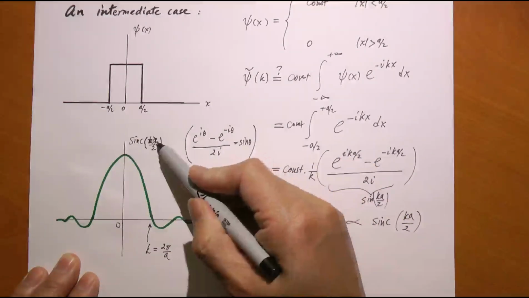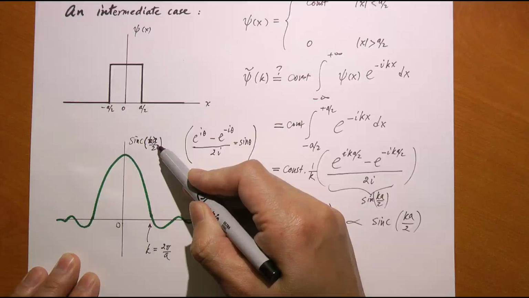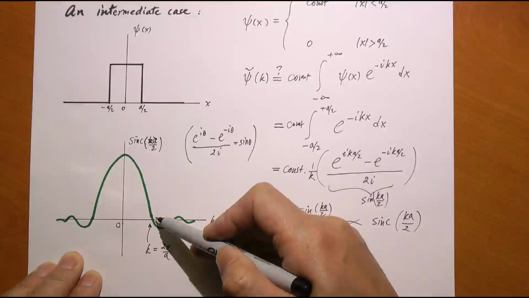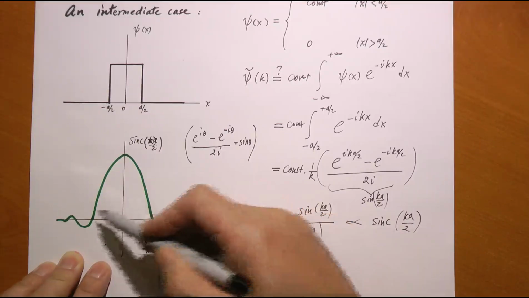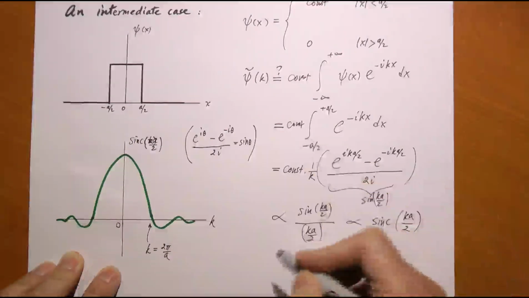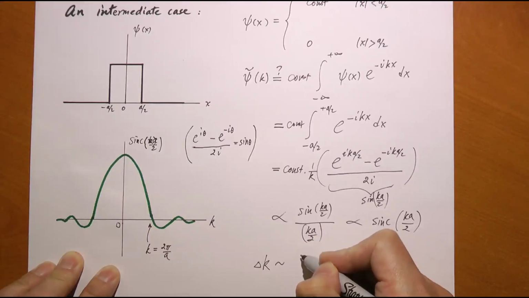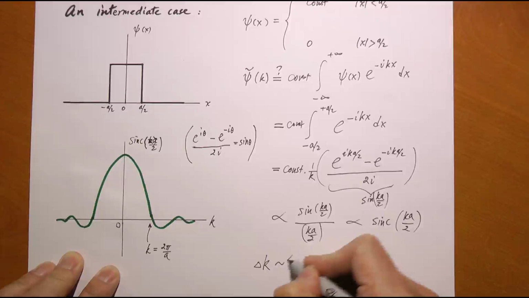The argument of the sinc function is ka over 2, so you let ka over 2 be equal to pi, therefore k equals 2 pi over a, as you can see here. And therefore the width of this sinc function from here to there is roughly double that figure, and we call that delta k. So delta k is roughly 4 pi over a.